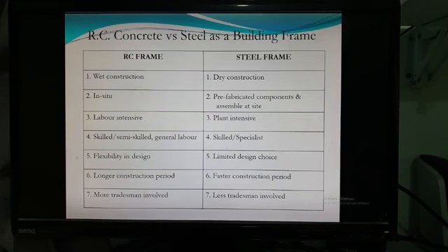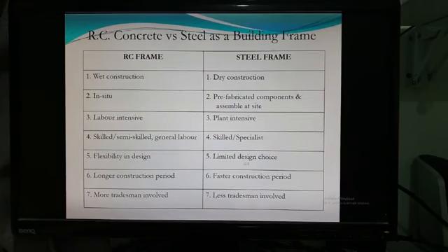And then there's flexibility in design for RC, because the wet concrete will typically just follow the shape of its formwork, whatever the design may be.